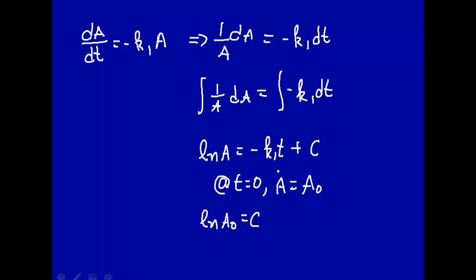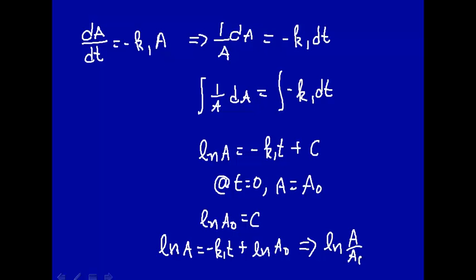So then we can put that in there. So our integrated rate law, including the integration constant, ln A is equal to minus k1t plus natural log of A0. That's what C is. We can subtract ln A0 here. We'll get ln of A over A0.